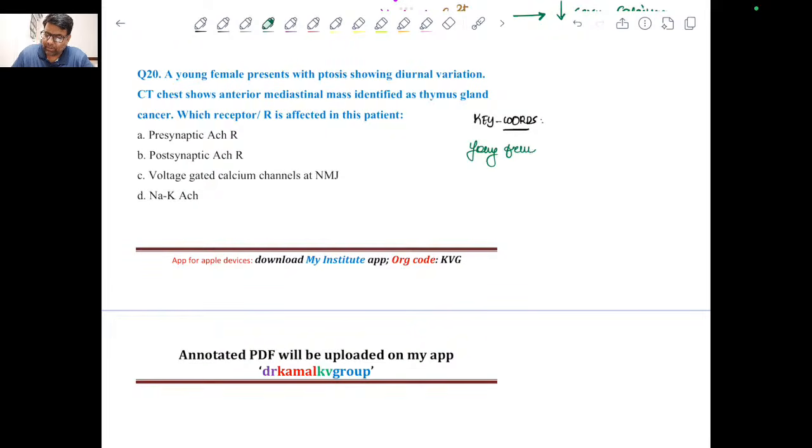Young female, right? Then ptosis. The moment you have ptosis in the question statement, always think of one condition. So ptosis, and it is showing diurnal variation.